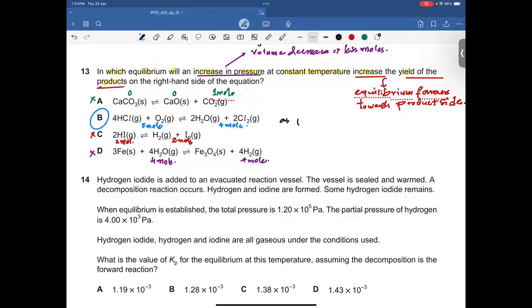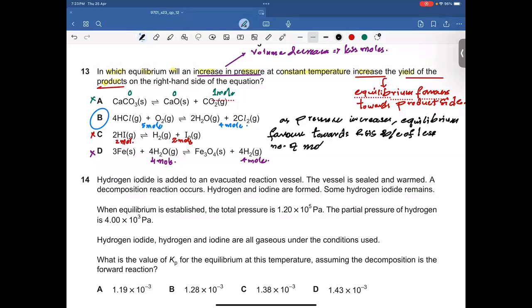As pressure increases, equilibrium favors towards right hand side because of less number of moles or less volume.